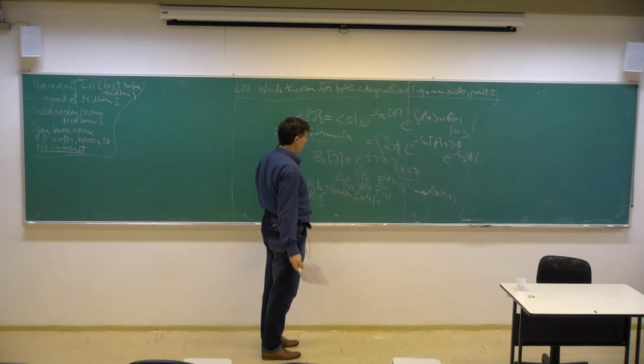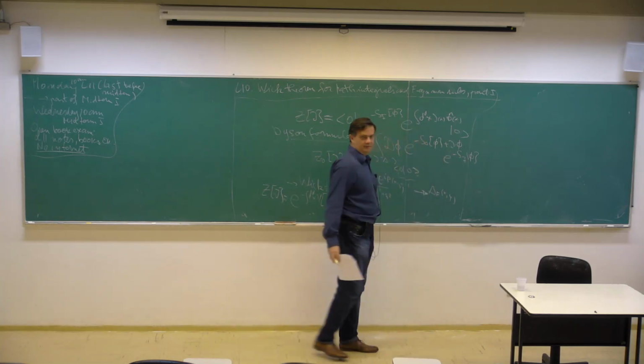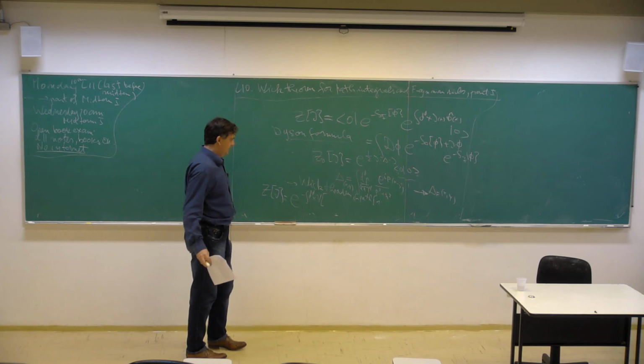Now, here in principle, I could have chosen to have something more complicated, an S_I that depends not only on phi's, but also perhaps derivatives and matrices and other things.